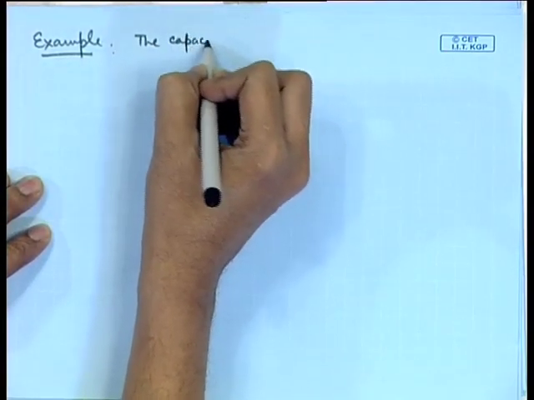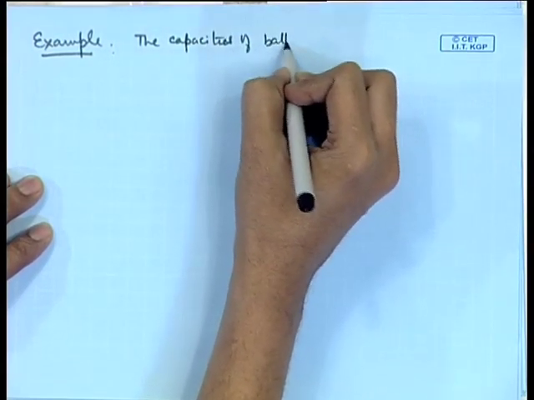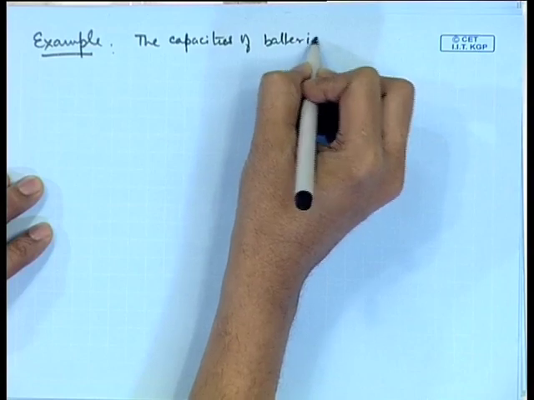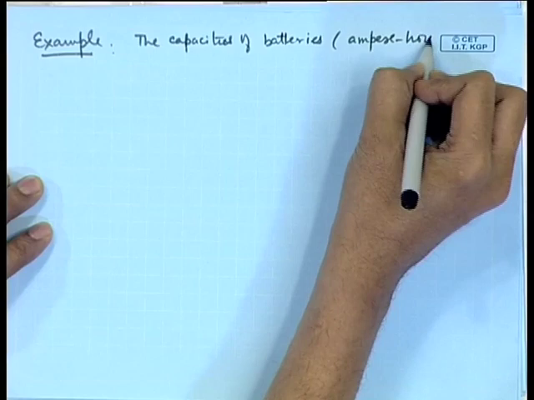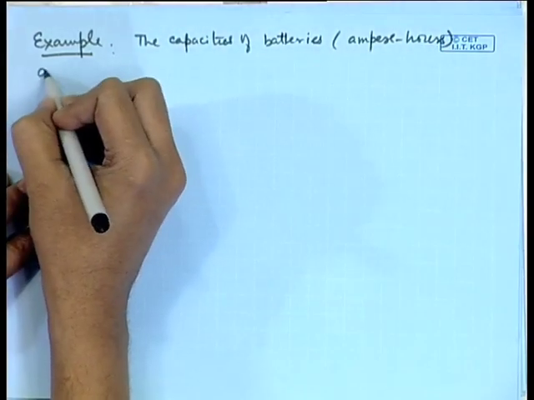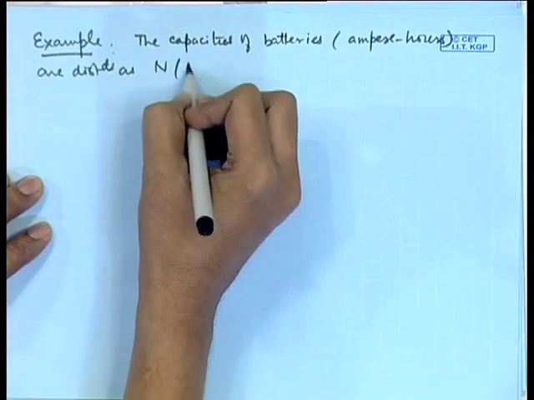The capacities of batteries, measured in say ampere hours, are distributed as normal mu, sigma square.